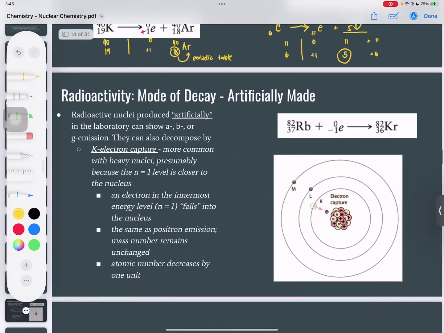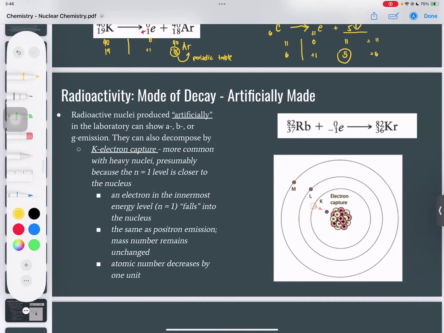Another way artificially made radioactive nuclei could decompose is through K-electron capture. It is when an electron in the innermost level, n equals 1, falls into the nucleus.